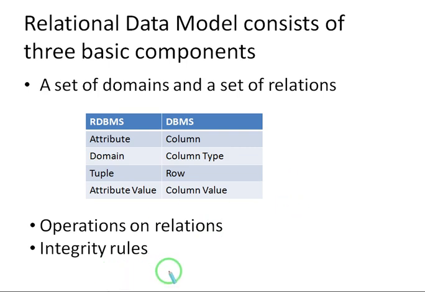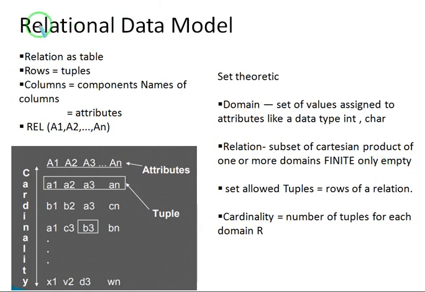Some integrity constraints are applied in RDBMS, which is a very useful concept in a database management system, or preferably in a relational database management system. So see here, in a relational database data model, a relation is termed a table.